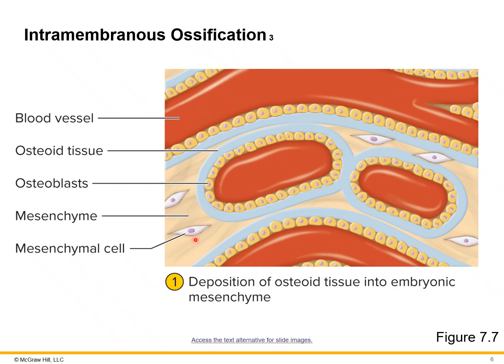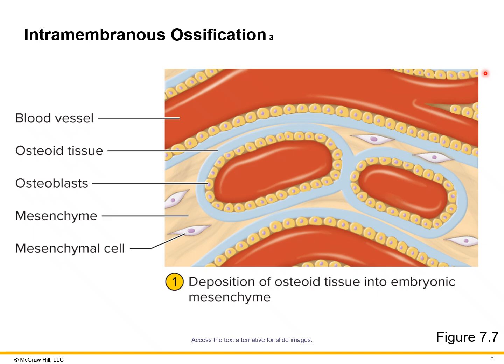So the mesenchyme first will condense into a soft sheet of tissue that we see here. And it is permeated with these blood vessels. The membrane to which the intramembranous refers to, that's what we're talking about here. So mesenchymal cells will line up along the blood vessels, and they will differentiate to form or become osteoblasts.